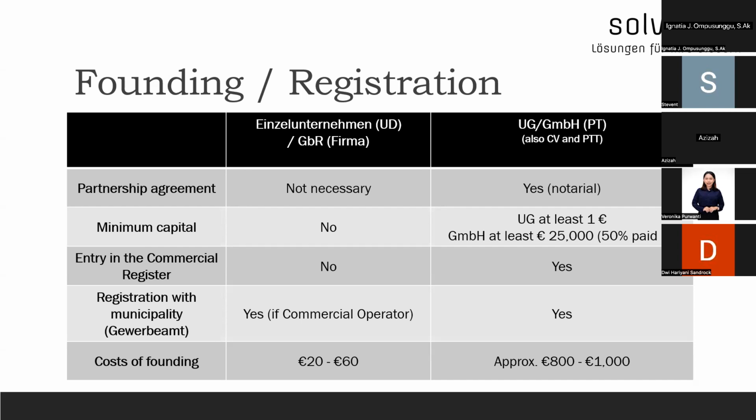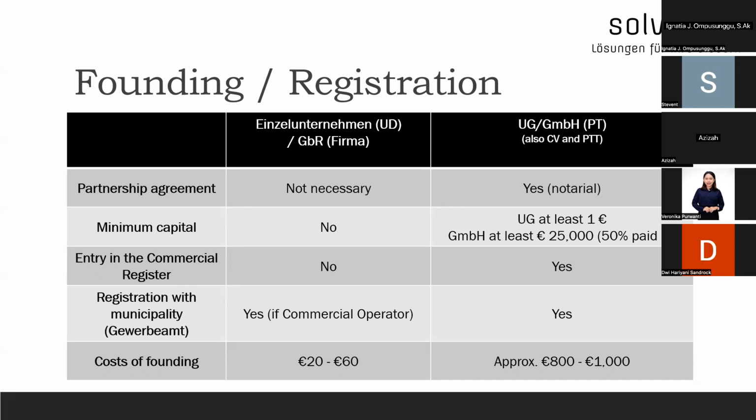It's a little more complex once you've opened it, how to work with the profit in the end. So I want to tell you it's possible to open a UG with €1, but there are other regulations you need to care about. If you would like more information about that, we could talk about it in the Q&A session, or maybe in an extra appointment.